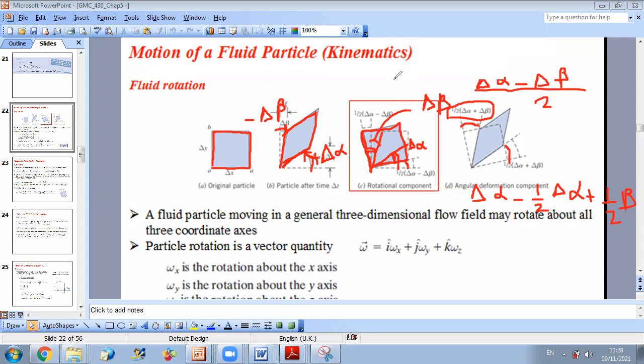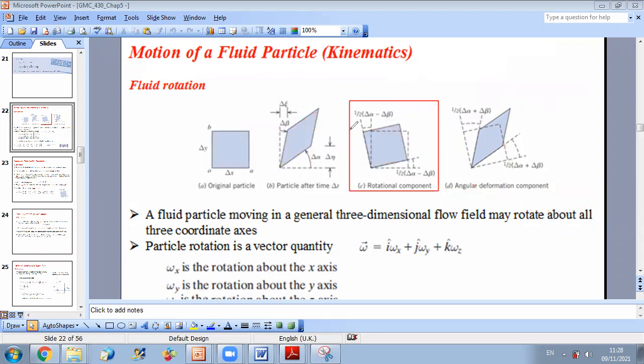And this is expected because deformation is the total variation of the angle. Here, the sides were originally 90 degrees. So now the new angle is equal to 90 minus delta alpha minus delta beta. So the total deformation is equal to delta alpha plus delta beta.